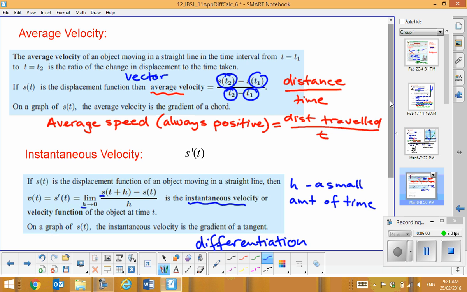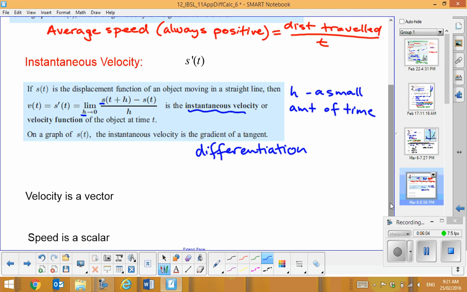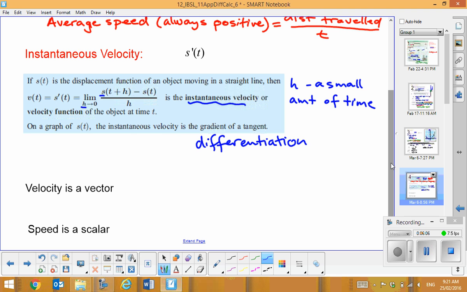It does happen, but mostly it'll be the other one. So average velocity is different to average speed. Isn't first principles the same as the easy way we differentiate? Yes, so we wouldn't have to do that, but sometimes it says use first principles. In a question on kinematics, it'll be just differentiation.